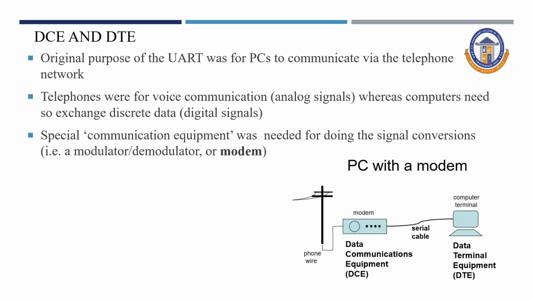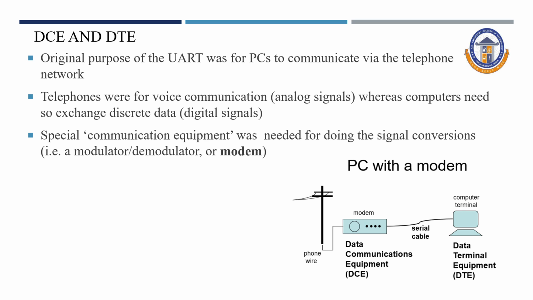Another two terminologies are most important: data communication equipment and data terminal equipment. Why? Because, from that history, we originally developed the UART for connecting the PC to the telephone network.